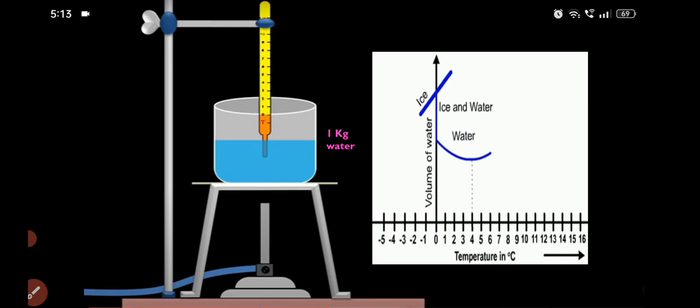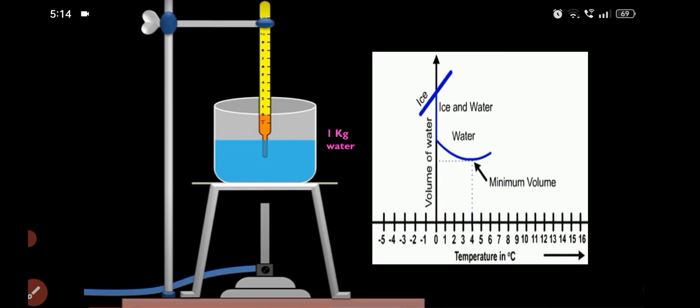Students, I know everybody likes normal things, normal behavior, normal people, but here we have seen the abnormal behavior of water, and this abnormal behavior is also very useful for the survival of the aquatic life in colder regions. This anomalous behavior of water helps the aquatic life to survive when the temperature goes below 4 degrees Celsius.